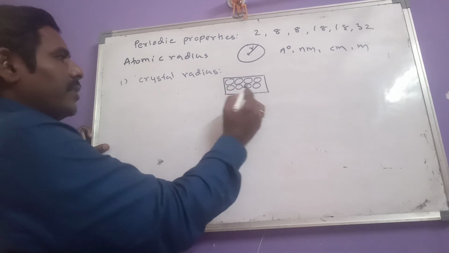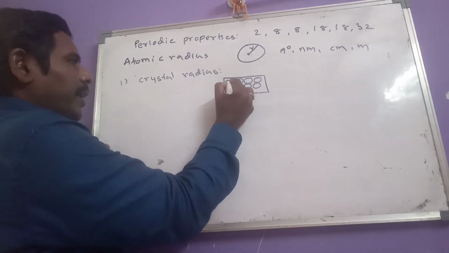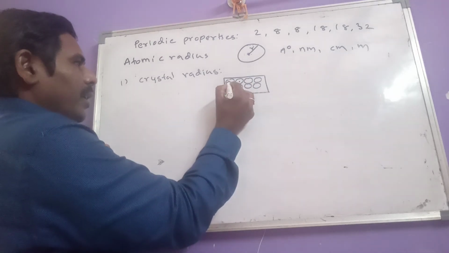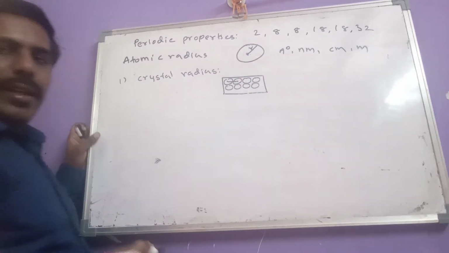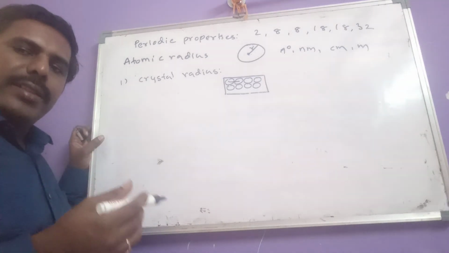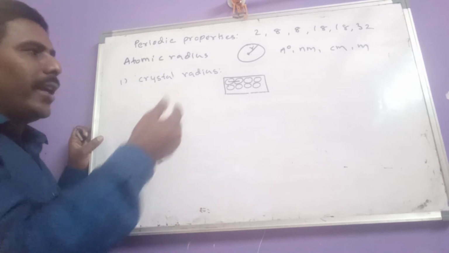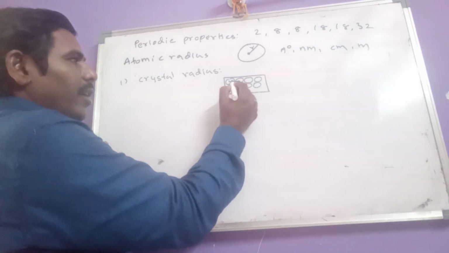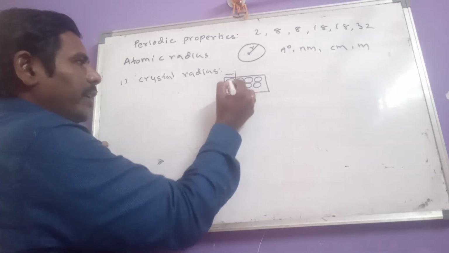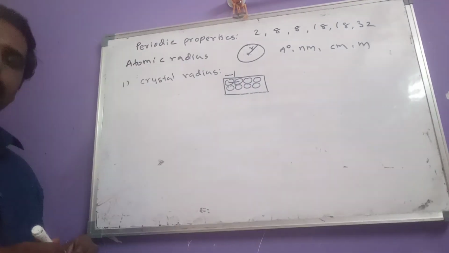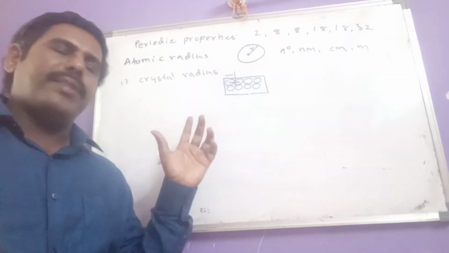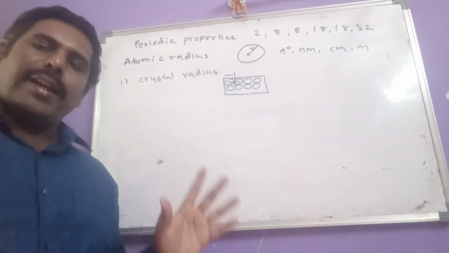In a crystal system, let this be the nucleus of one atom and another nucleus of another atom. This distance is called internuclear distance, the distance between two adjacent nuclei. Radius means we have to consider only up to here. So half of the internuclear distance between two adjacent atoms in a crystal lattice is known as crystal radius.